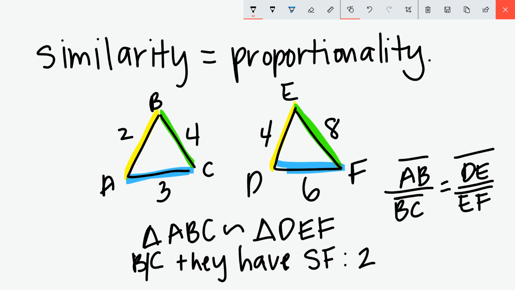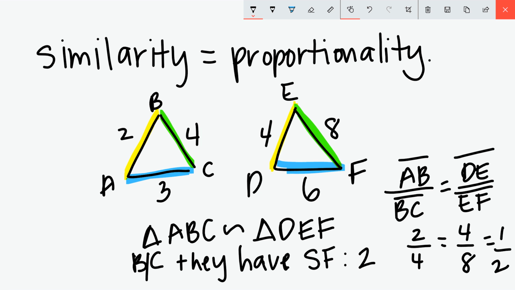Okay, I replace those with the numbers there. I see 2 over 4 is equal to 4 over 8. And if you were to plug that into a calculator, 2 divided by 4, 4 divided by 8, or your reduction of fractions, they're both 1/2, and they're both the same.